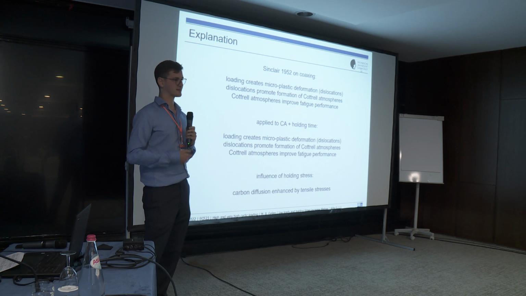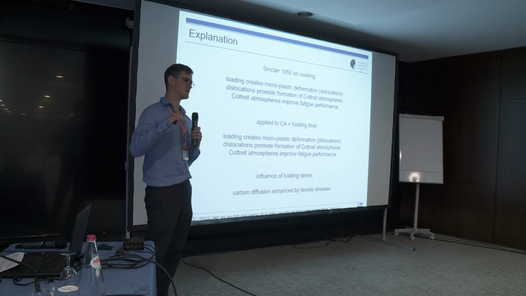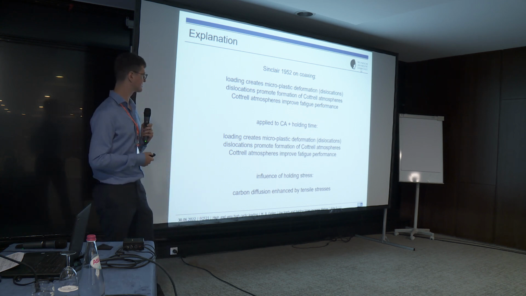In this way, in many materials, you get fatigue limits that are well above the fatigue limit that you would get in a typical test, and that's because you're training the specimens.